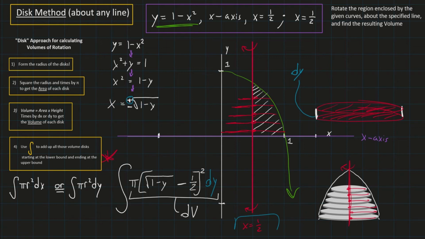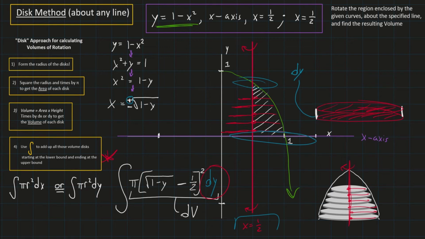And finally, I want to add up all of these disk volumes to get my total shape. Alright, the bounds. Where do I want to start adding these disks? Well, I want to start here. Now you might be wondering, why don't you want to start here? Well, this is a dy integral.